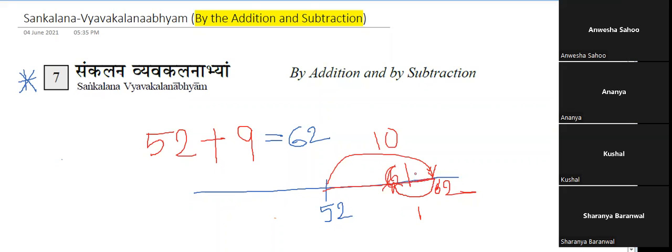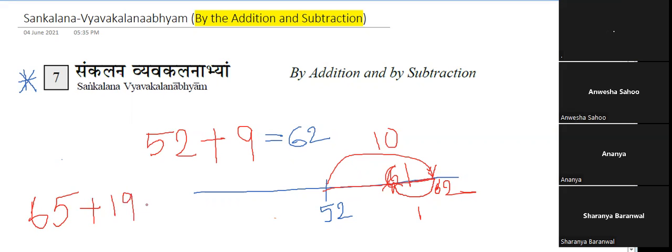How many positions we have considered extra, those many positions will come back. Got it? Yes, sir. Suppose, tell me, a number like 65 plus 19. Instead of adding 19, we will add 20.